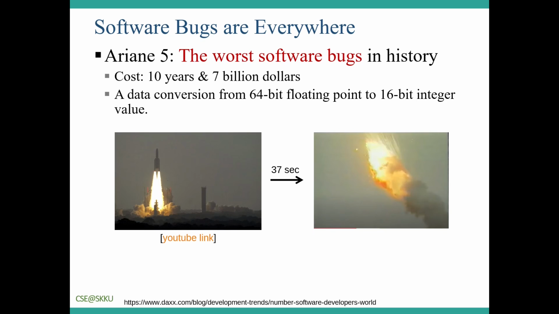The cause was a data conversion error from a 64-bit floating point value to a 16-bit integer, which led to an integer overflow. If you're curious, I've included a YouTube link where you can watch the explosion of the Ariane rocket.